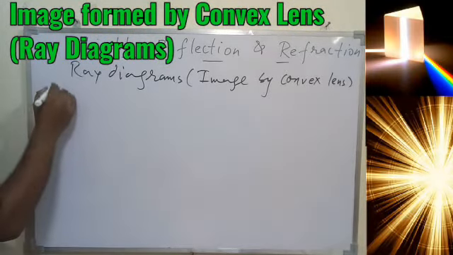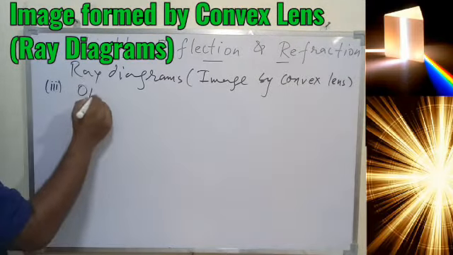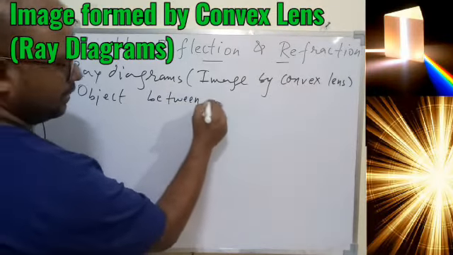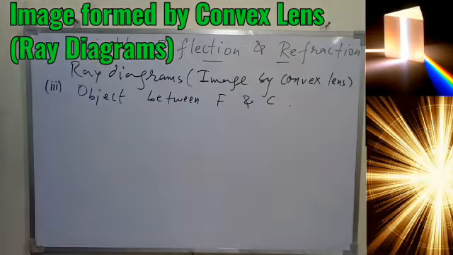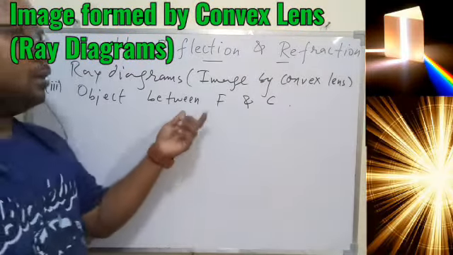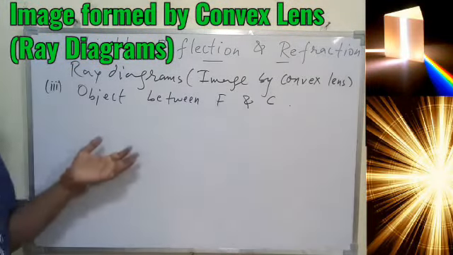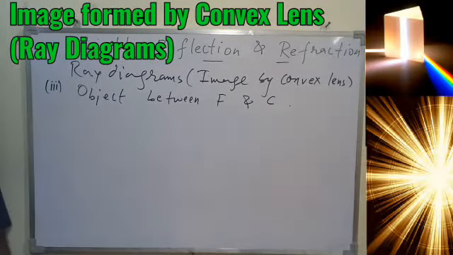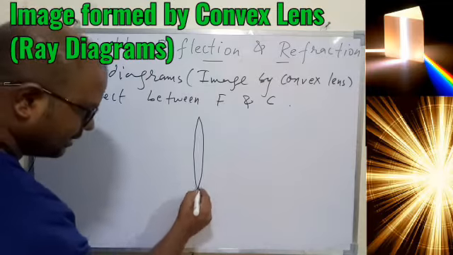Now we are going for the third, that is if the object is placed between F and C, that is between focus and center of curvature, then what will be the nature of image formed by the convex lens. And for this again we need to go for the ray diagram. Once we have understood the concepts, the ray diagram is not a difficult task.